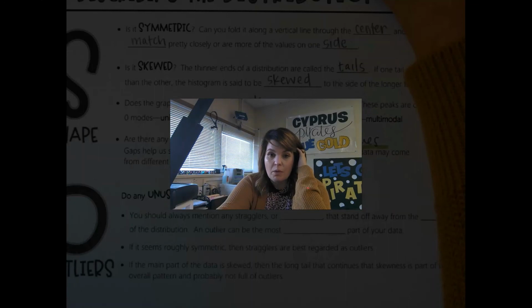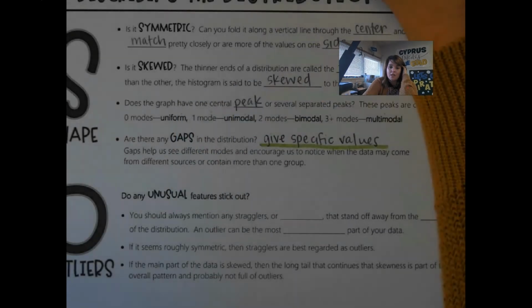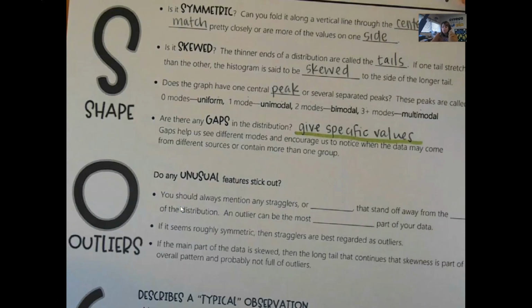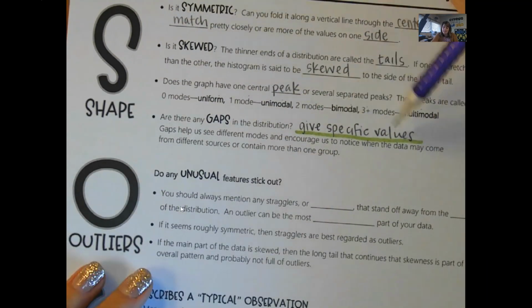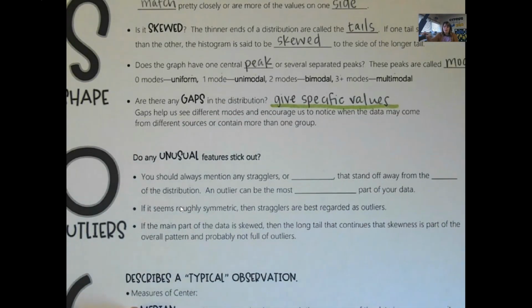It's just like when we were doing two-way tables, and even though you calculated your percents and they were very obviously on the paper, you still had to use those percents in your response to get full credit. So that is a similar situation here. You want to make sure that you always give specific values if you're talking about gaps.